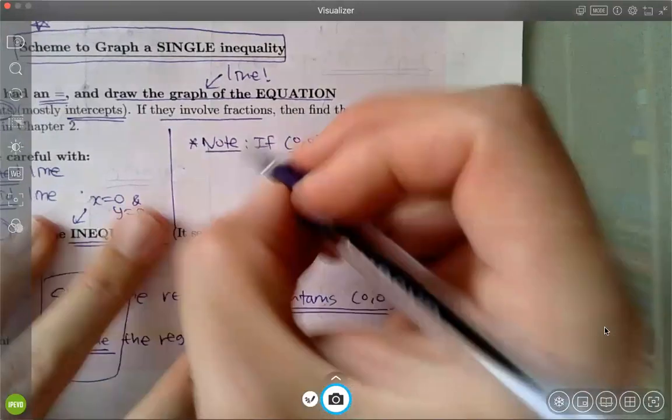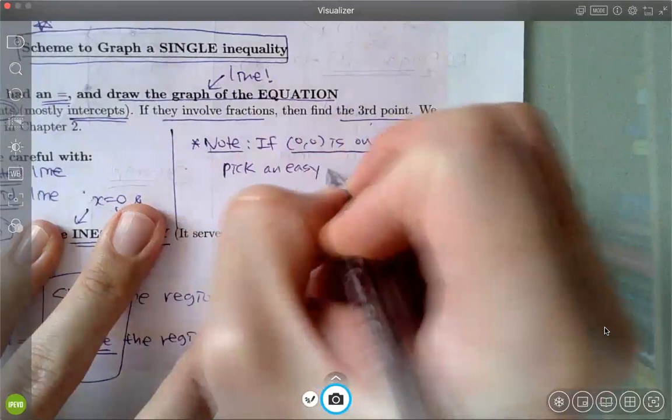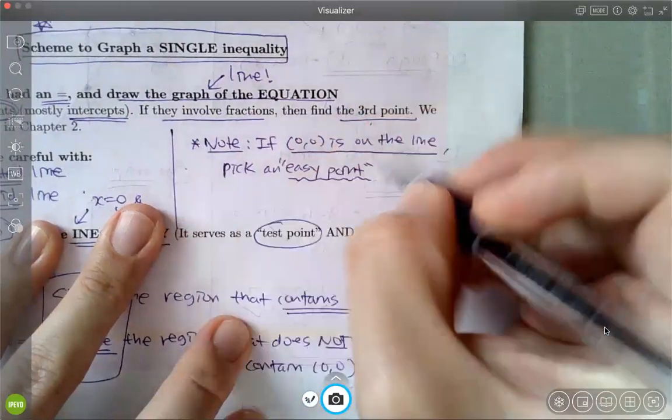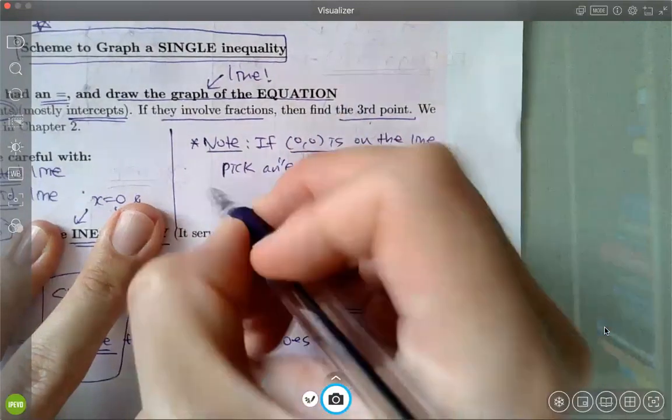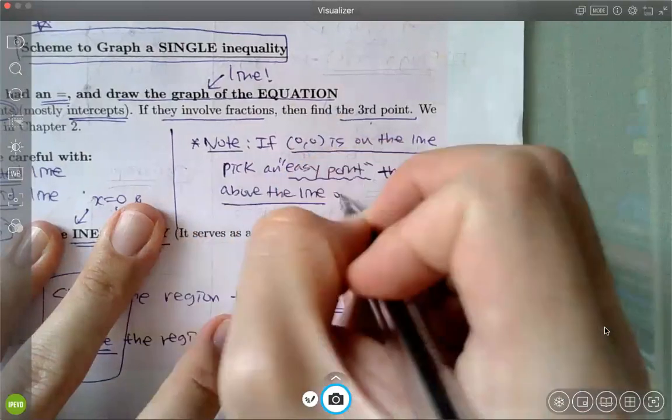Okay, so in other words, pick an easy point that lies above the line or below the line.